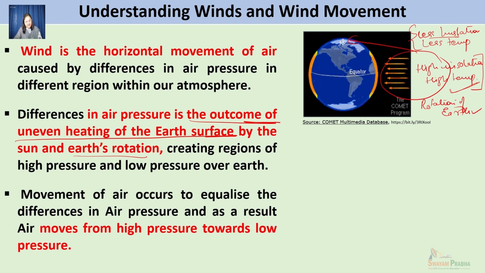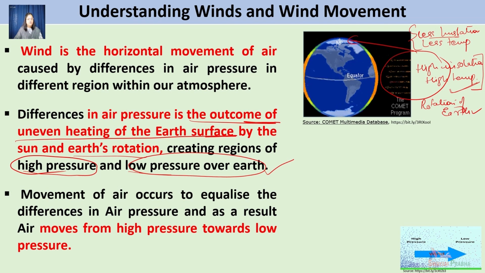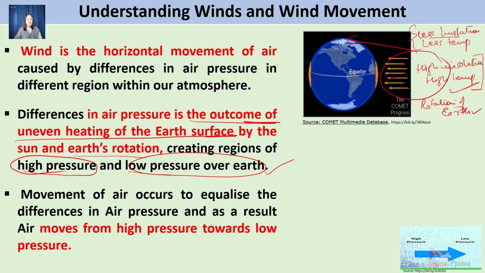So you have high pressure belts and high pressure regions, and then you have low pressure regions over Earth. And the movement of air primarily occurs to equalize the differences in the air pressure between two adjacent areas. So air molecules in high pressure zones are closely packed together than in the low pressure zones.